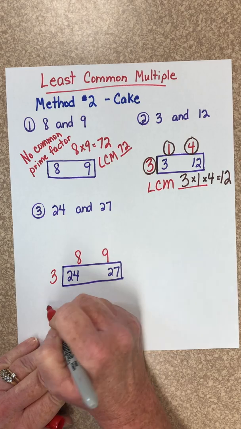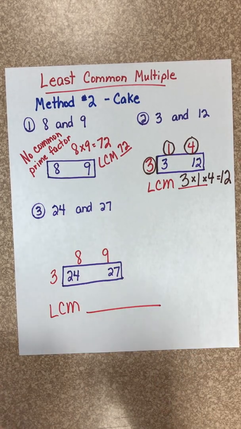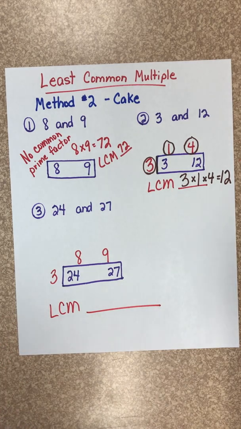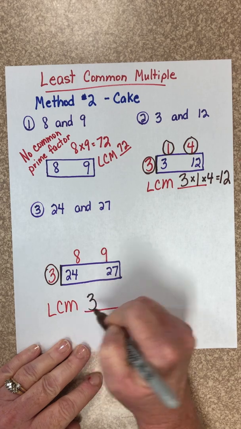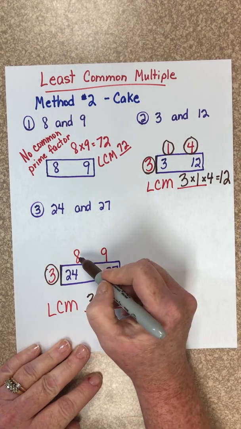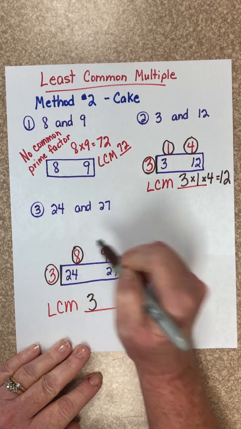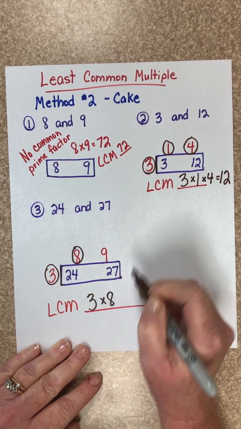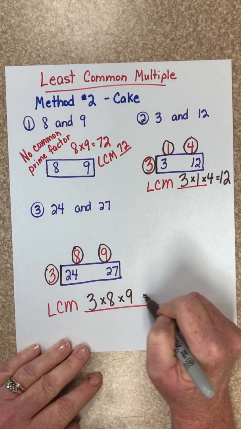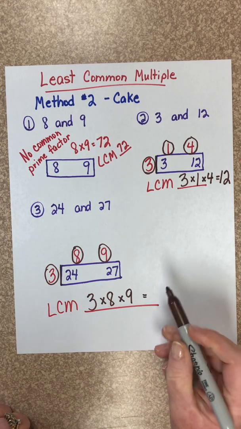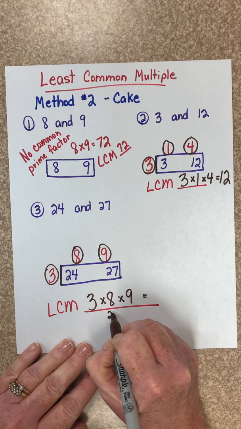So now let's look at the least common multiple. We use the icing on the side, and that's a 3. And then we go to the top of the cake. This is the topper, and we need the 8 and the 9, and we're going to multiply those factors together. 3 times 8 is 24.